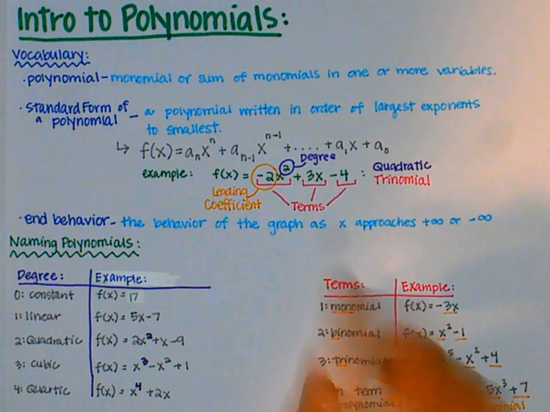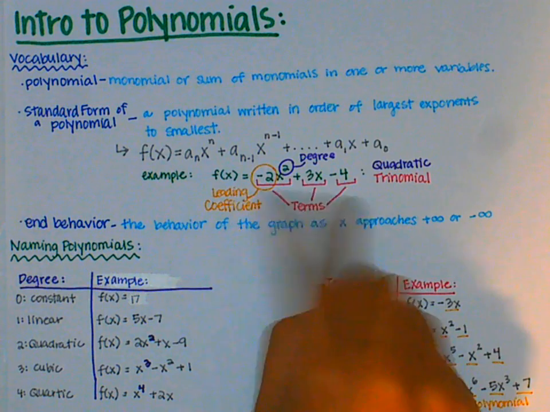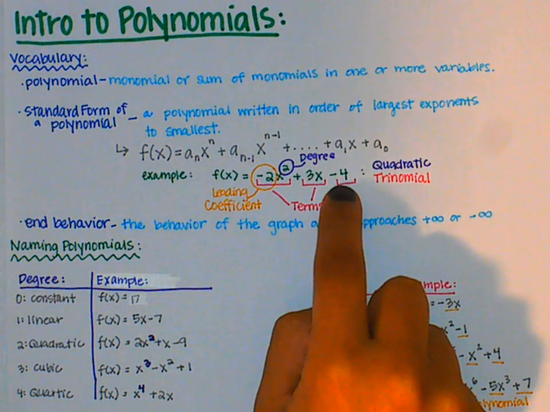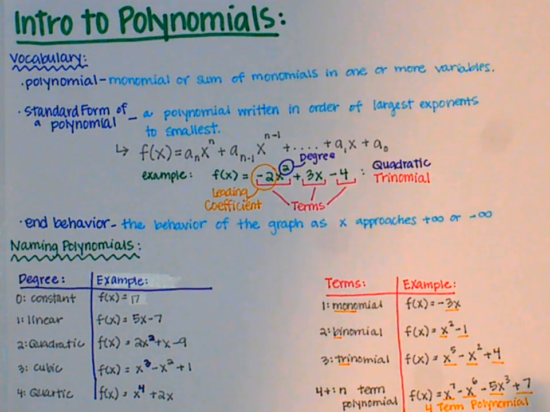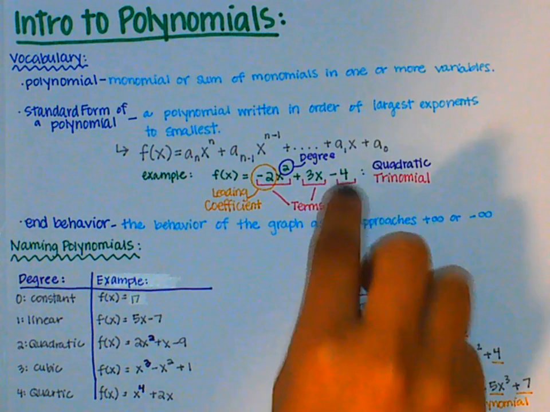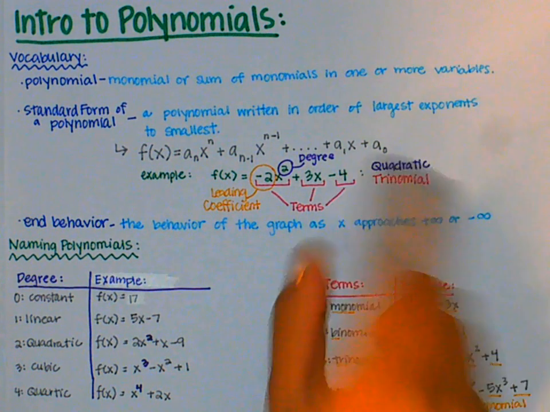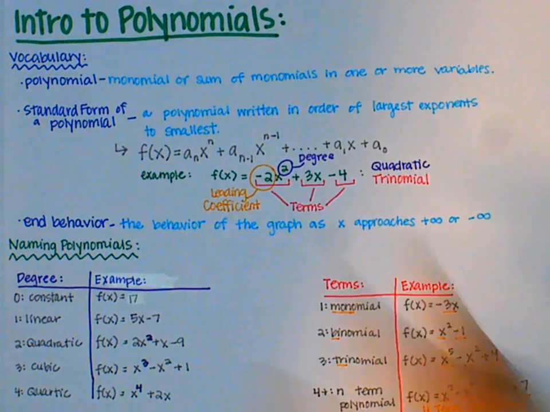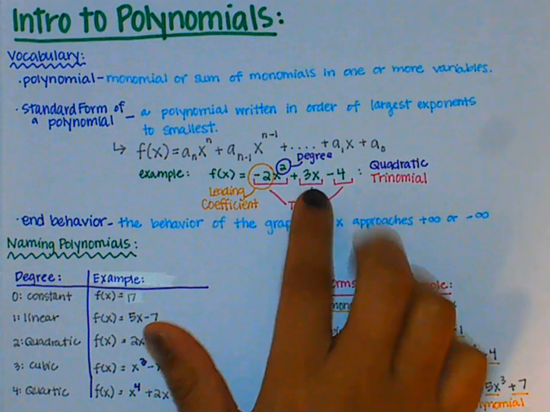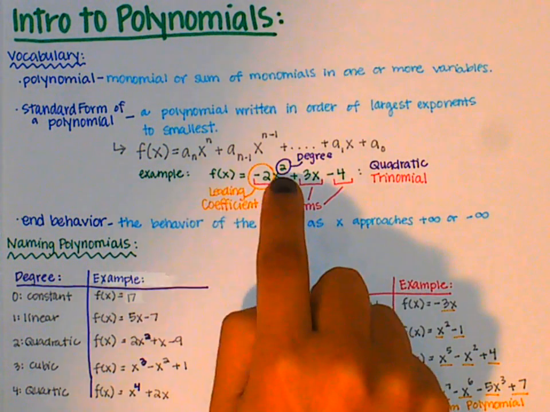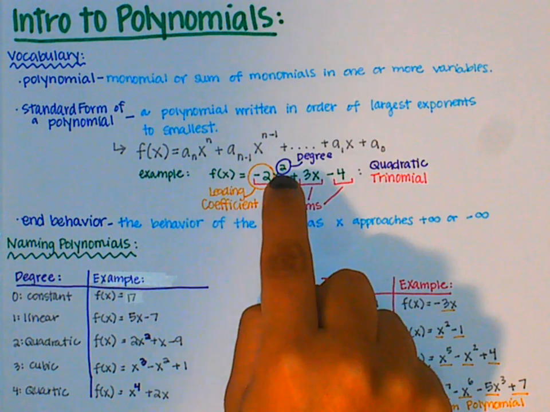So if you look at this here, you have a number, minus 4, or if you remember when we were factoring, that's our c value. If it's a constant, that means it doesn't have a variable. In this example, we have a quadratic. We would have that parabola because of the exponent of 2, that is called our degree.